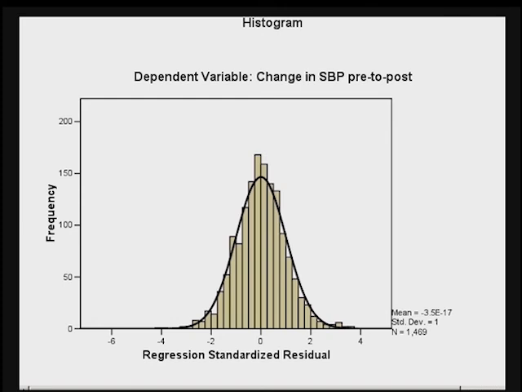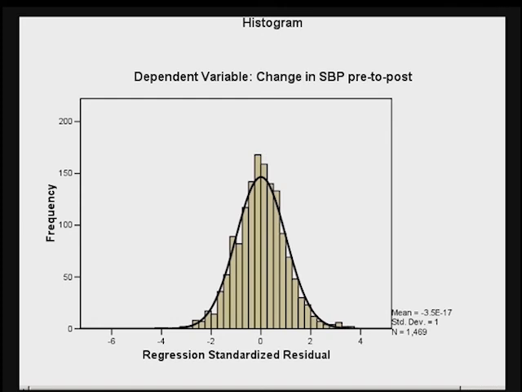The first thing that you want to see is whether the distribution is normally distributed or not. Well, in this instance, what we did was we looked at the histogram of the regression standardized residuals, and if the data is normally distributed, what you'll have is a mean of 0 and a standard deviation of 1, just as you do in the z-score.